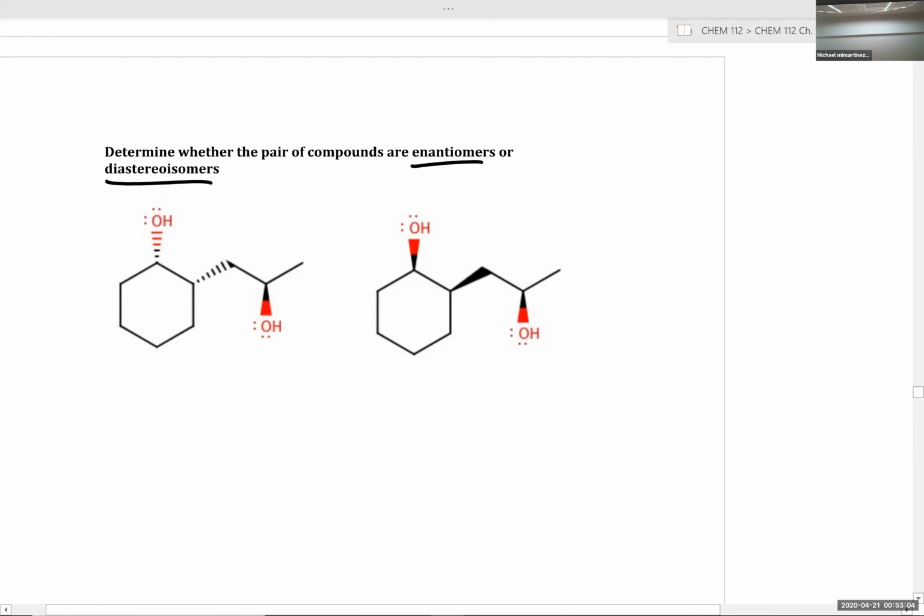So I'm going to make a model, and I'm just going to start with the structure on the left. You don't have to do all of them, and that's the beauty. Let's start by making a model of the structure on the left and assigning the configuration at each center.